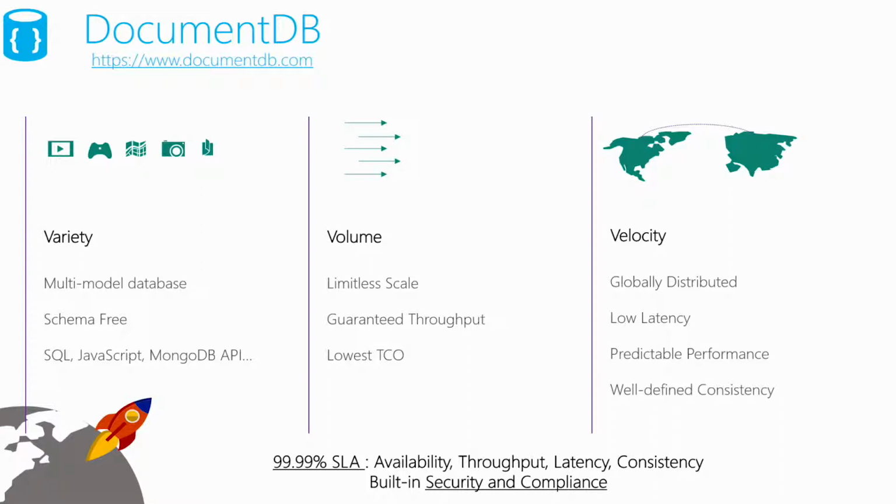All of this is provided by DocumentDB with 4 nines of SLA for availability, throughput, latency, and consistency, along with built-in security and compliance at the Azure level.